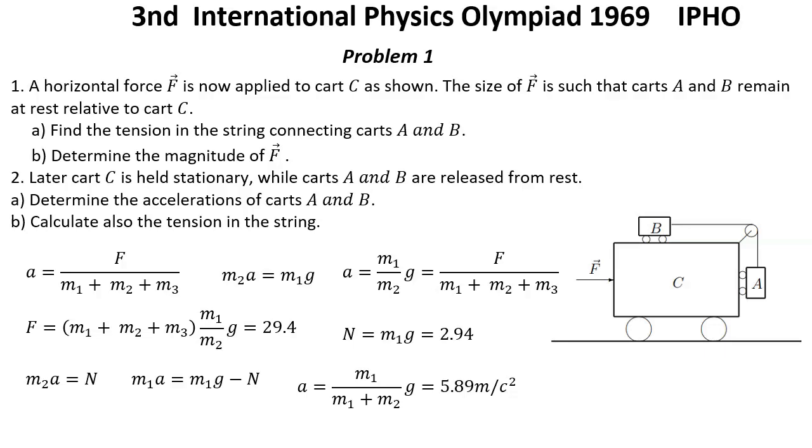And after that we can find our tension. That will be M2 a, which is M1 M2 over M1 plus M2 times g, and that's equal to 1.19 newtons. So that was the solution for all of problem 1.